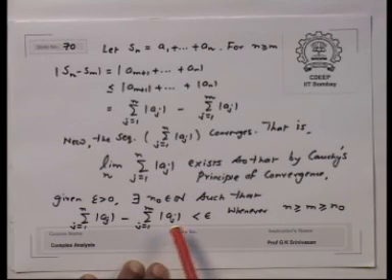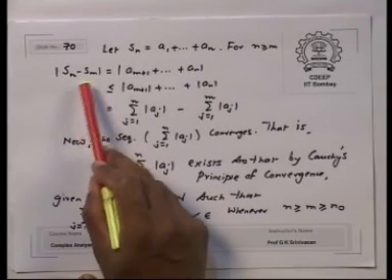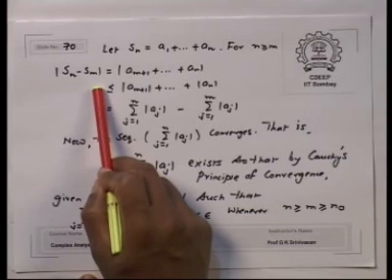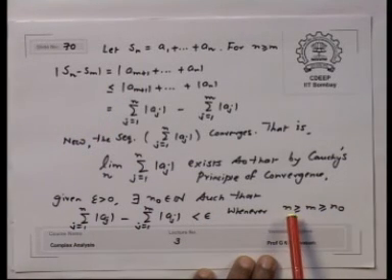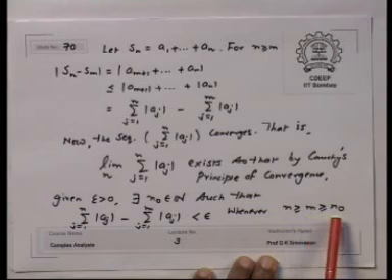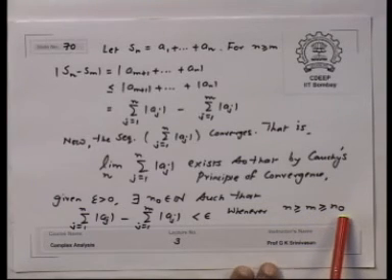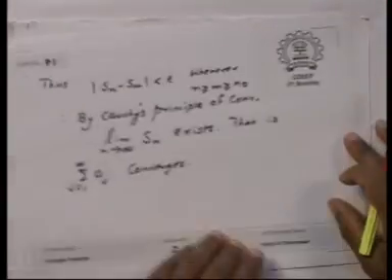Therefore, if this minus this is less than epsilon, that means mod Sn minus Sm is less than epsilon whenever n greater than or equal to m greater than or equal to n naught, correct? So, what does it say?